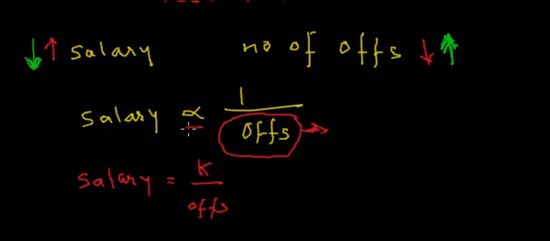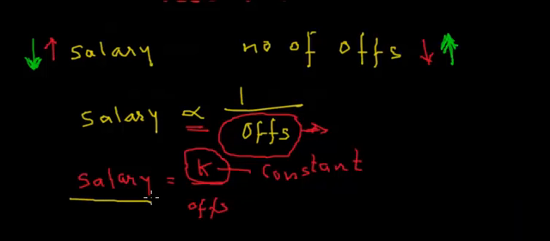To remove this proportional sign, we put a K, that is a constant. This is a constant value. And these two are variables. Salary and number of offs are variables. Salary depends on the number of offs, but inversely, more number of offs, a person will get less salary.